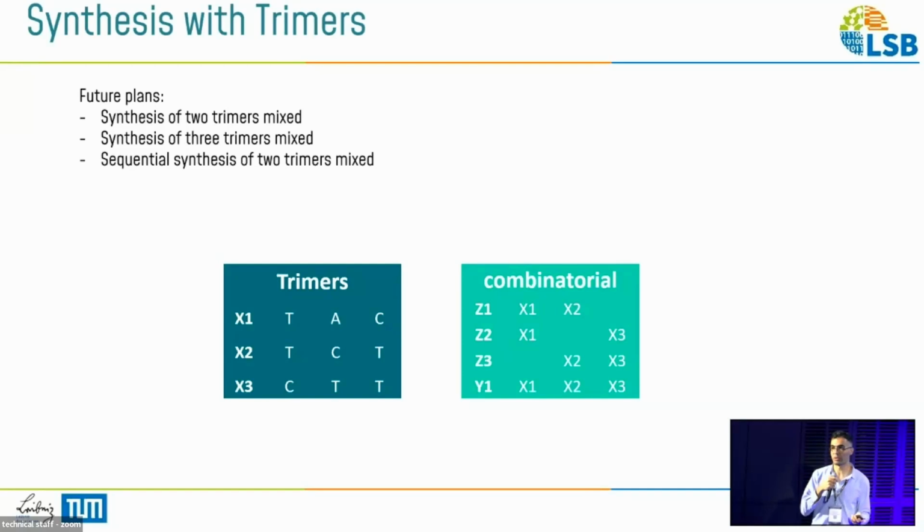In the other experiment, we only used 1 trimer. In this case, we did the experiment with mixtures of 2 trimers in different combinations, X1 X2, X1 X3, X2 X3, and also a mixture of X1, X2, and X3. So hopefully for the next conference, I can bring this result.